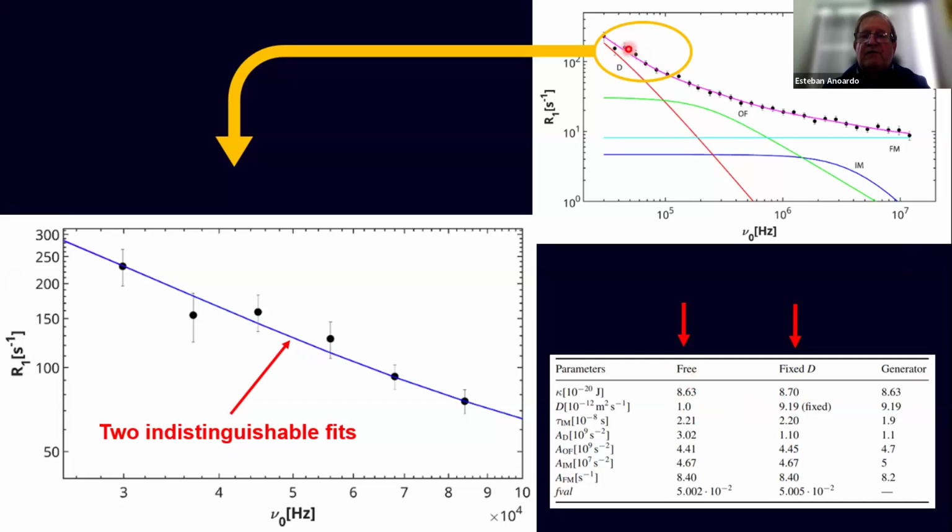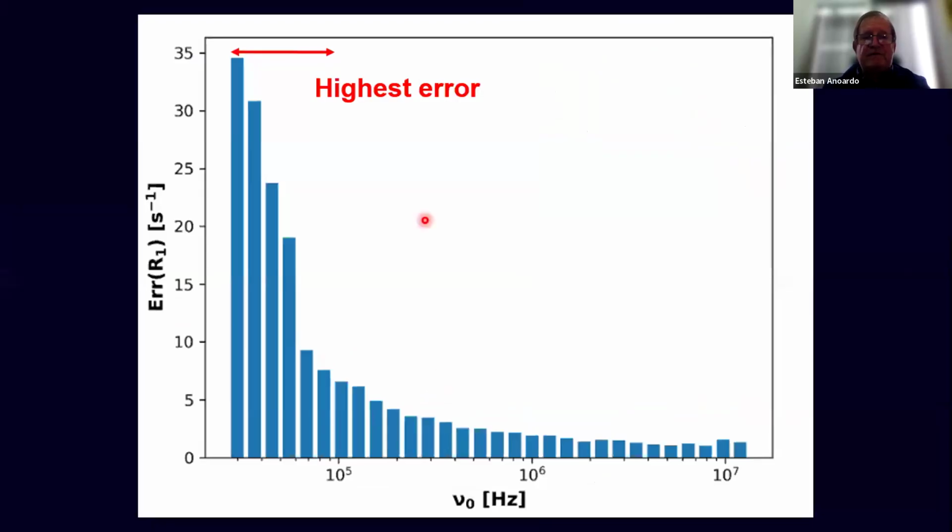So if we go to this low frequency range where diffusion seems to influence the fitting model curve more, if we amplify this, we see that they are completely indistinguishable. So one order of magnitude indeed changed nothing in the model in this range. Okay. In addition, this is the range where the experimental errors are larger.